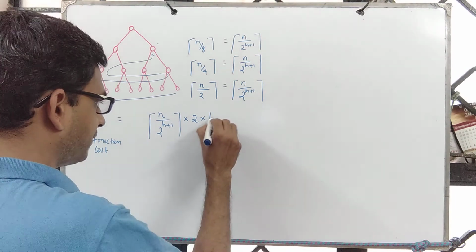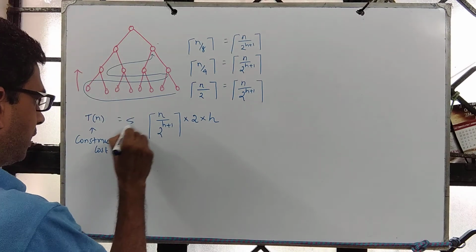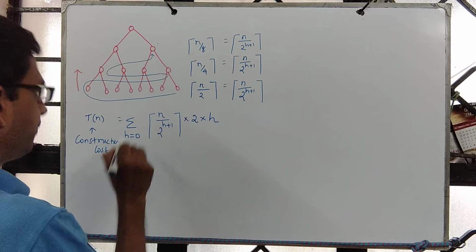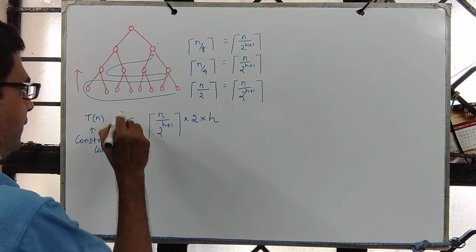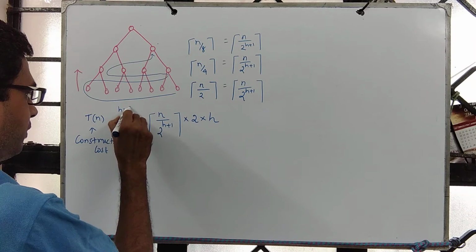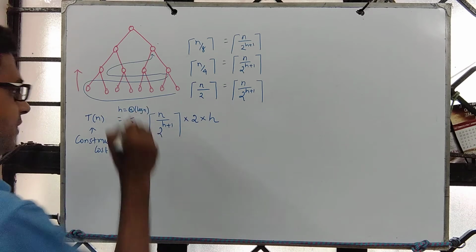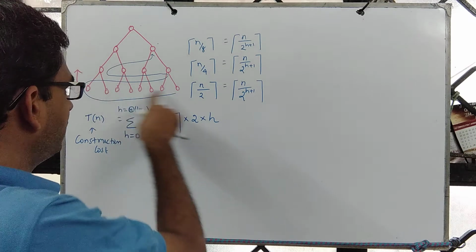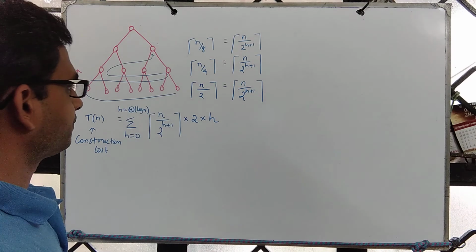The number of such violations is so much. Now what can happen? H can be 0 and you can go all the way up to this. We know that the maximum value of H is theta of log n, which we have already derived, right? So H can be 0, it can be 1, and it can be theta of log n.